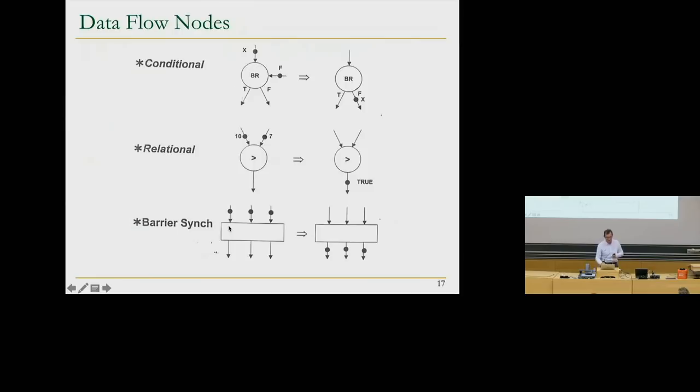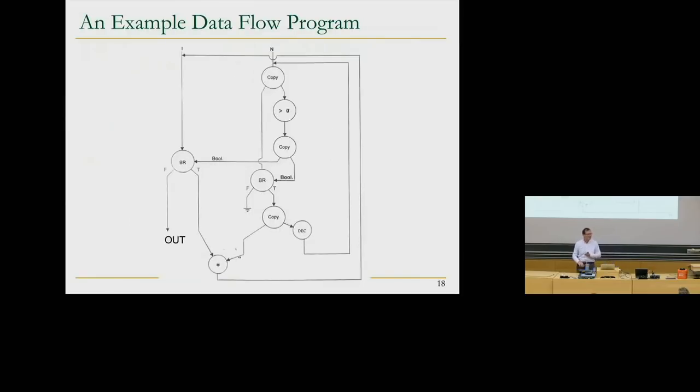Okay, so let's have some fun with this program. Now that you've seen some examples, can you guess what this program does? Let's take a look at this program a little bit. So n is a non-negative integer. Initially, the value of the token over here on this arc is 1. The token on this arc is n. And what we have is a very simple data flow program.